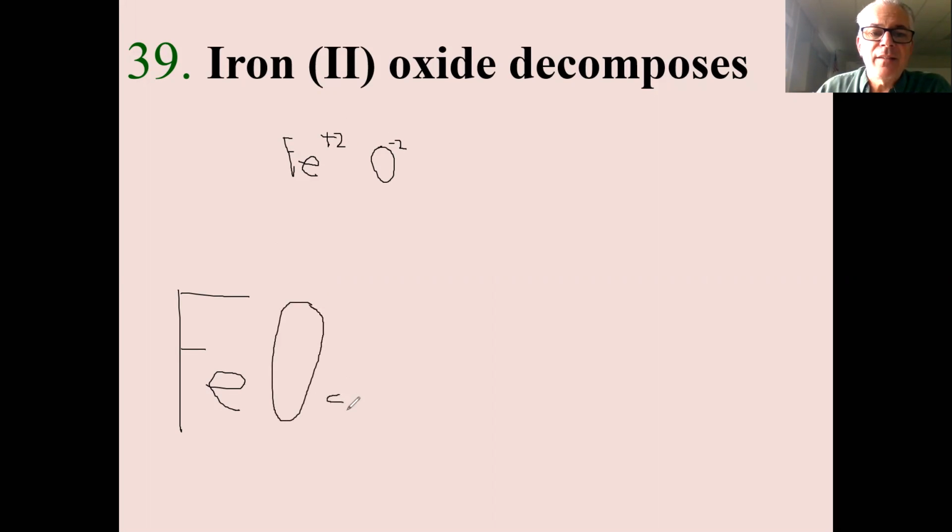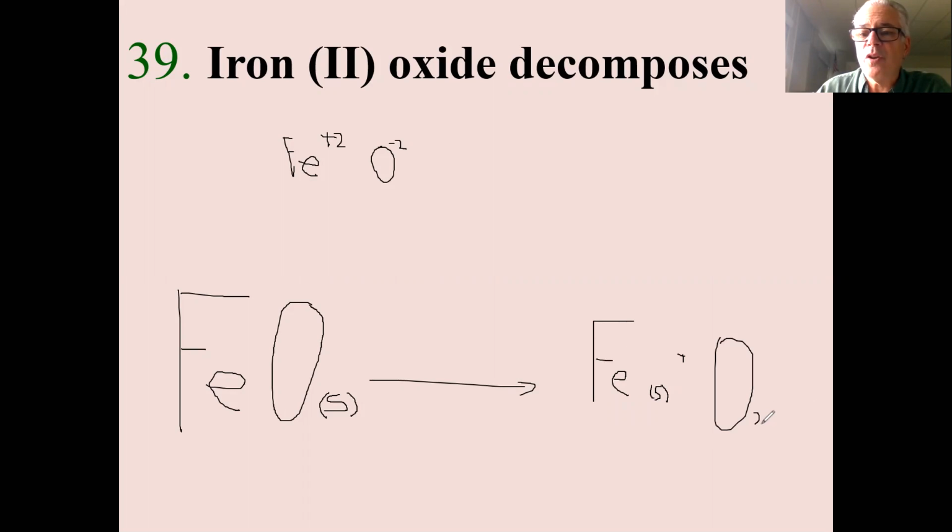And it's a solid because it's an ionic compound, and it doesn't even say what it's going to make. What could it possibly make? It's going to make iron, and it's going to make oxygen. Iron's going to be a solid, and oxygen is going to be a Hunkelbrief twin, O2, and it's a gas.